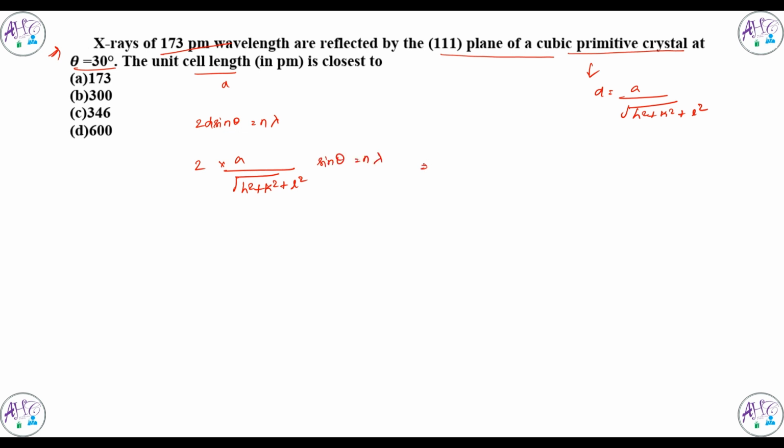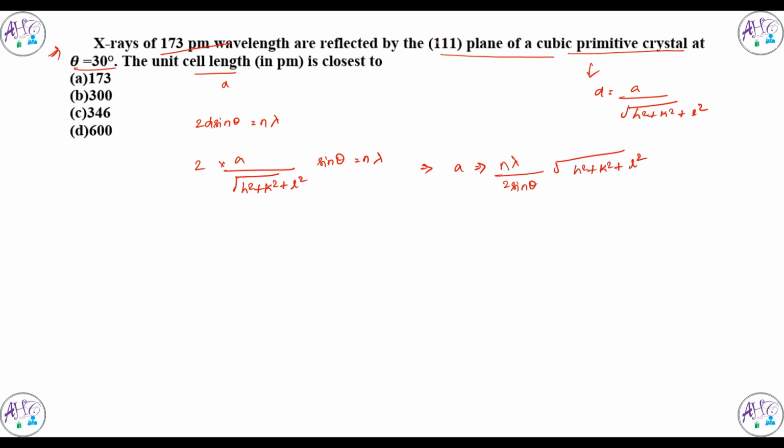So considering n as 1, this is going to be equal to lambda. Okay, so if you rewrite this equation, what we need to do is find out the unit cell length, so a is going to be equal to n lambda by 2 sin theta into root of h square plus k square plus l square.